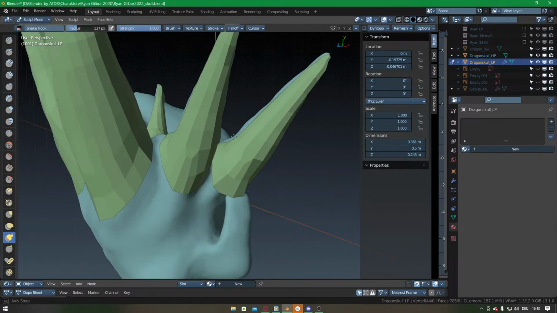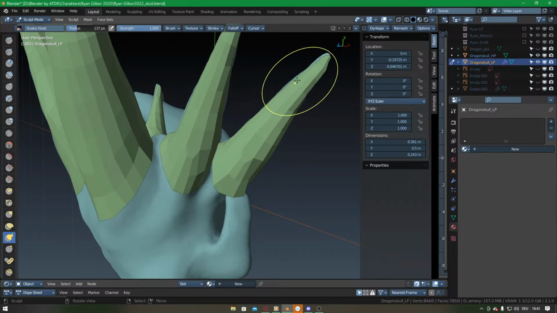Just like that, and the rest is just moved over.